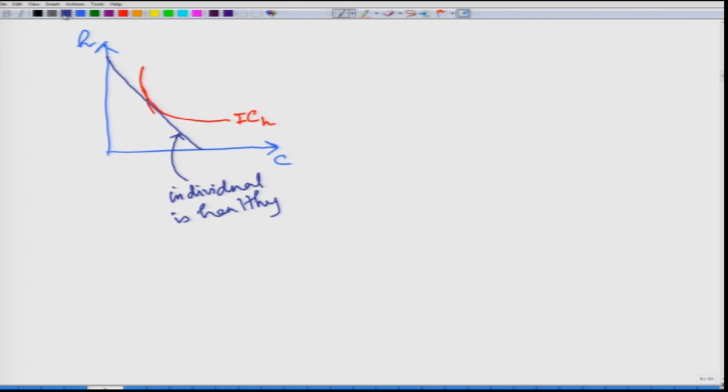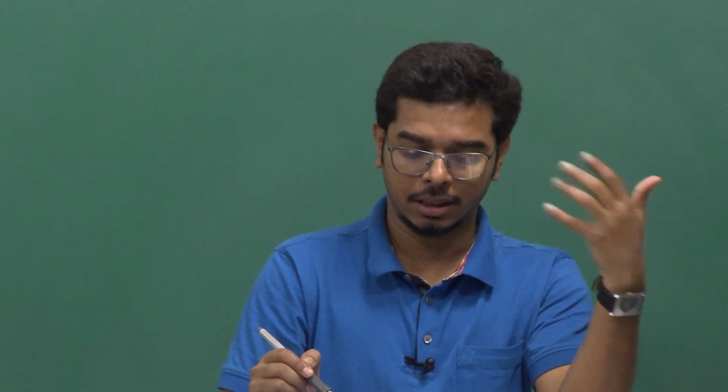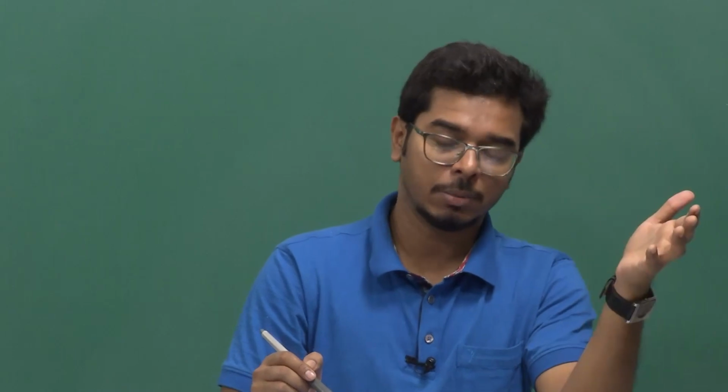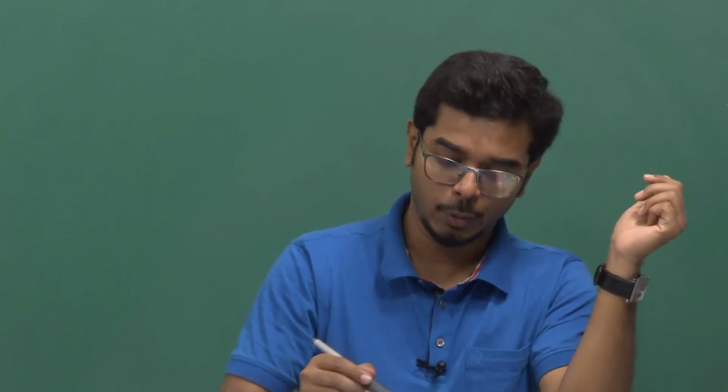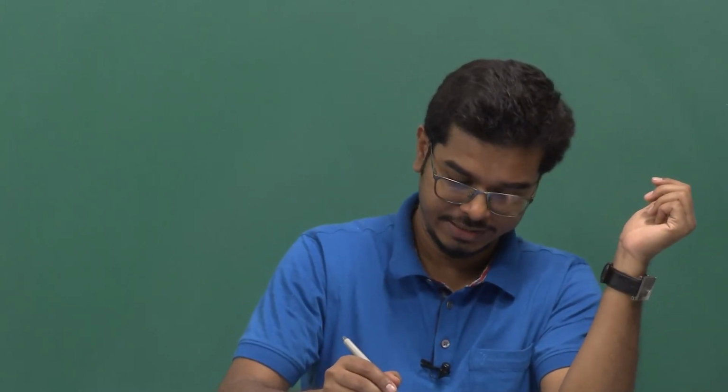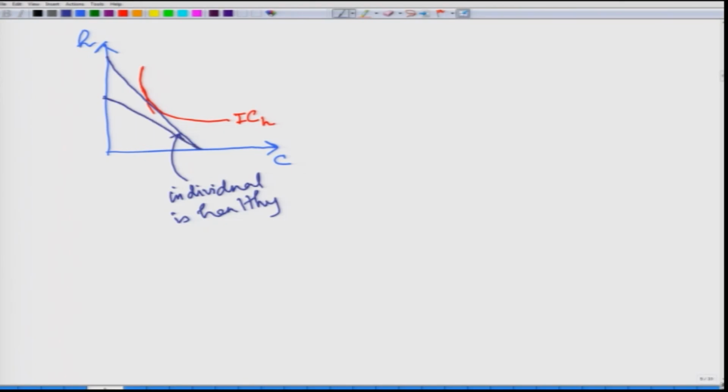What happens when the person falls sick? That means they are spending more on healthcare, so their total budget constraint in a relative way can be shifted like this. It can be like this. It can also be like this.